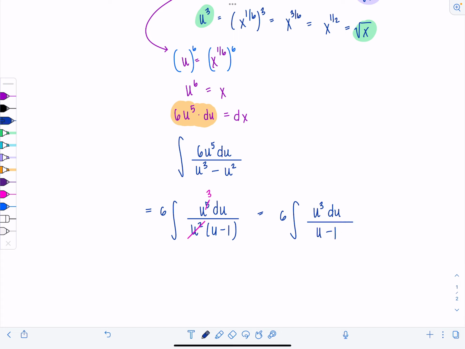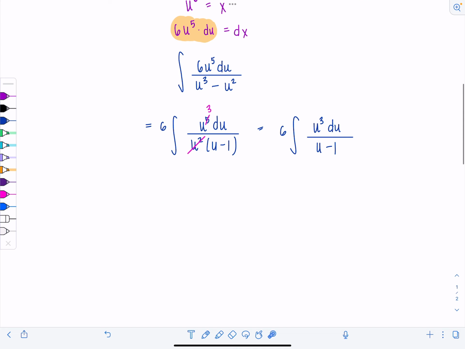So anytime the degree of the numerator is greater than or equal to the degree of the denominator, you need to long divide. So it's not time for partial fractions or any nonsense like that until the degree of the bottom is greater. So here we go, it's long division time. If you forgot how to long divide polynomials, I will link a video here where I review it.